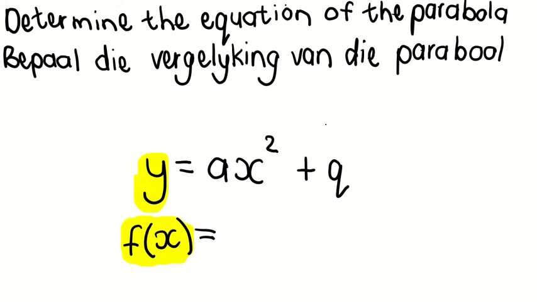Maar as hulle vir jou spesifiek vra, gee die vergelyking van die grafiek van f, then you have to say it's f(x) equals ax squared plus q. Okay, as hulle net vir jou vra gee die vergelyking van die grafiek, because there's only one graph on the sketch, then you can just say y equals. But if they specifically ask, give the equation of graph f, then please do it like this. Then say f(x) equals to. But yeah, it's the same thing actually.